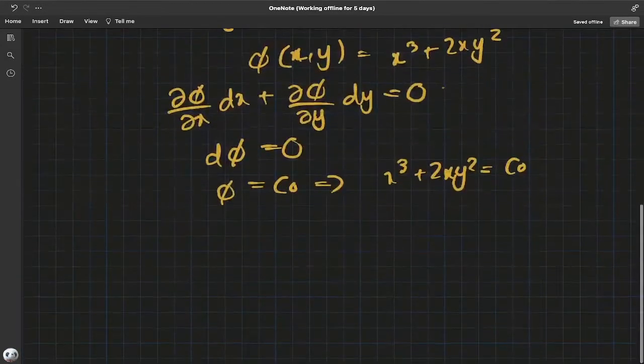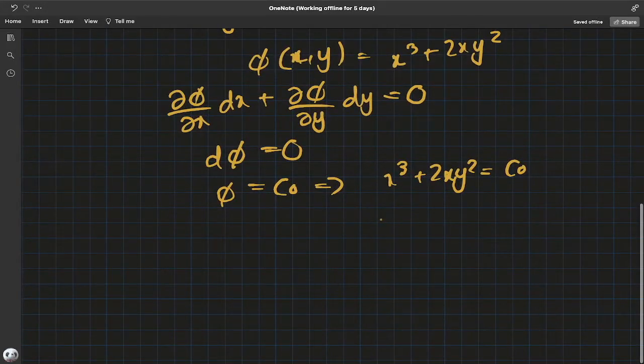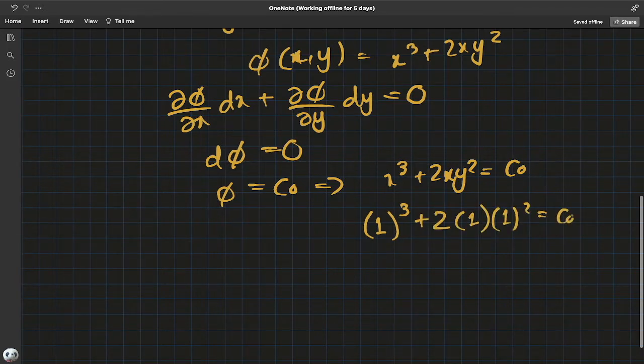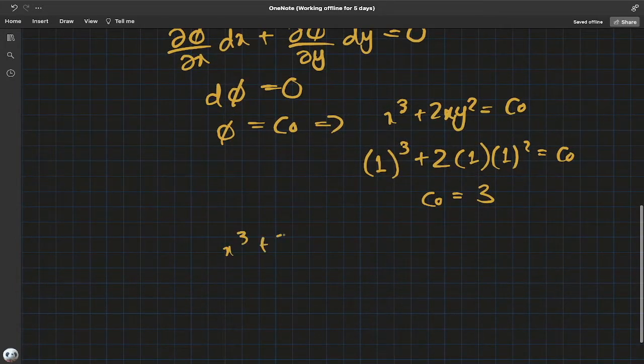We have y of 1 is 1, so when x is 1, this constant is 1 plus 2, which is 3. x cubed plus 2x y squared equals 3.